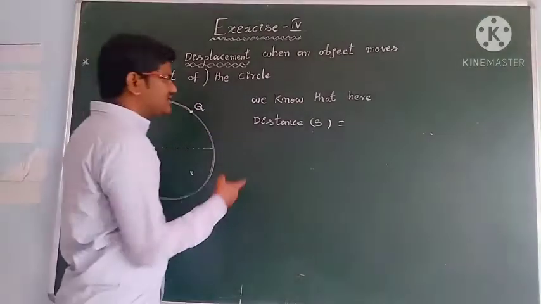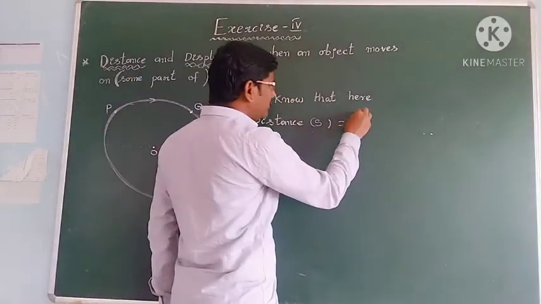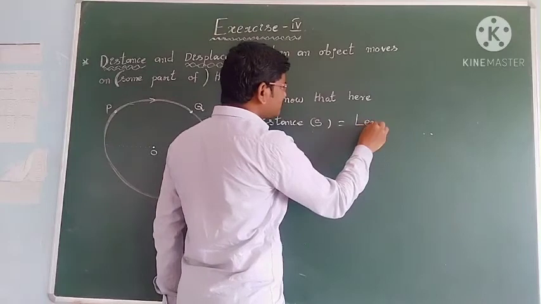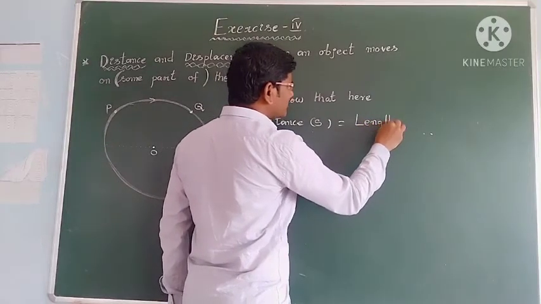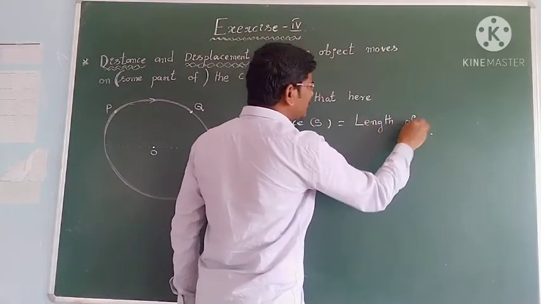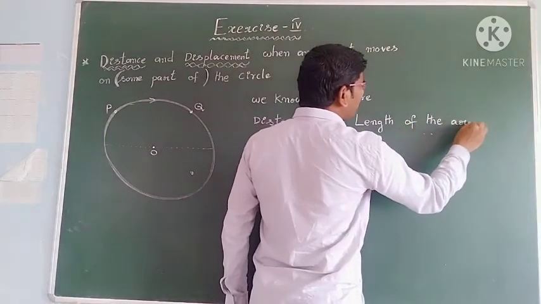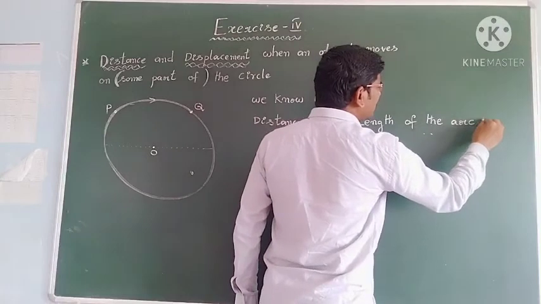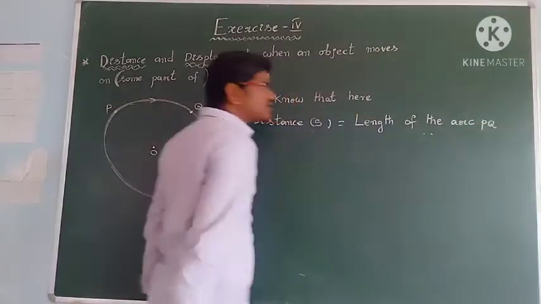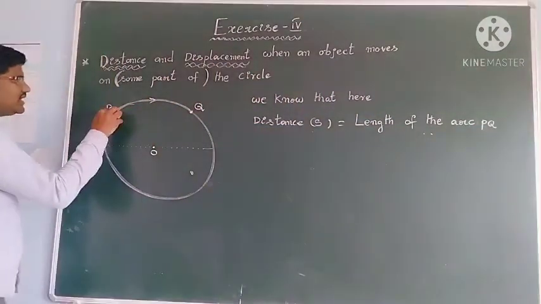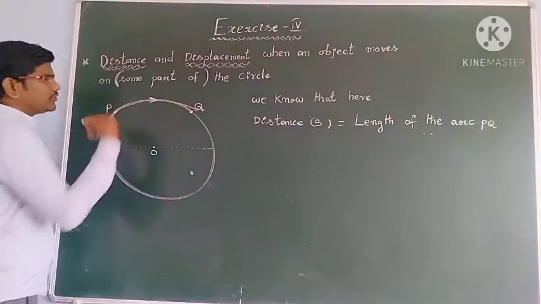So distance S is equal to, what will you write students? The length of the arc PQ, this is called distance. It has covered from P to Q.